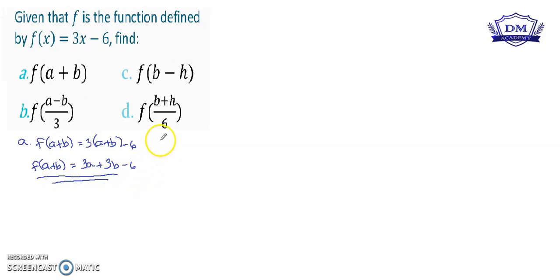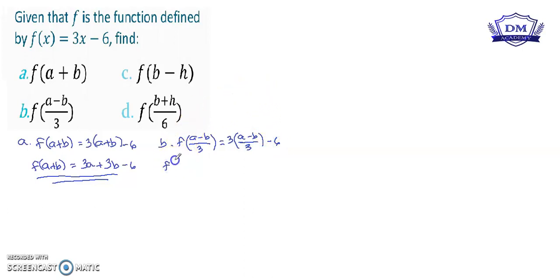Another one. Let's have f of a minus b all over 3. This is equal to 3 multiplied by a minus b all over 3, minus 6.